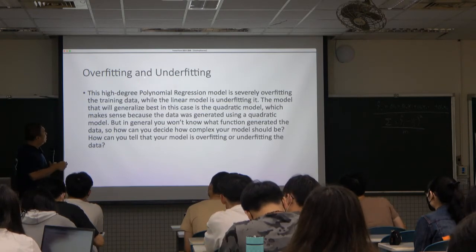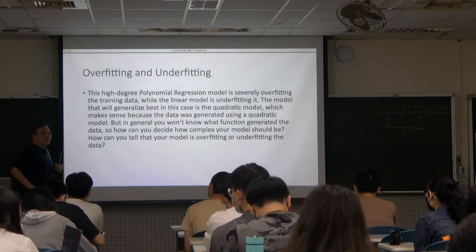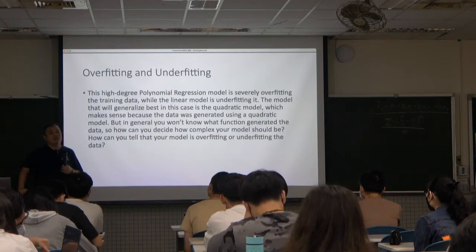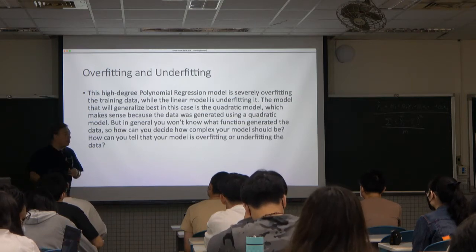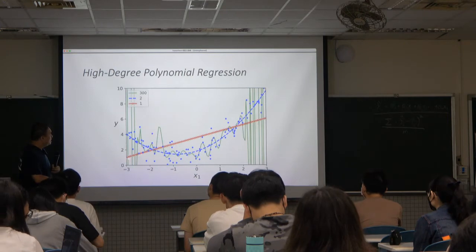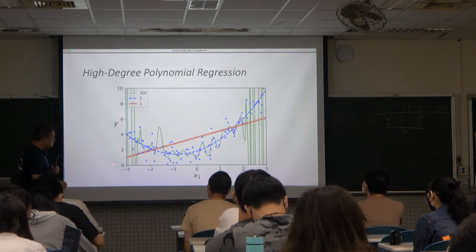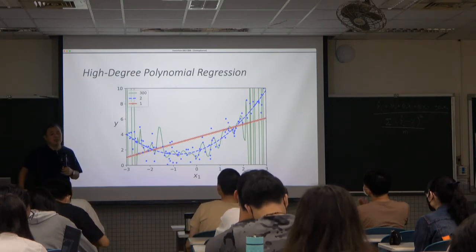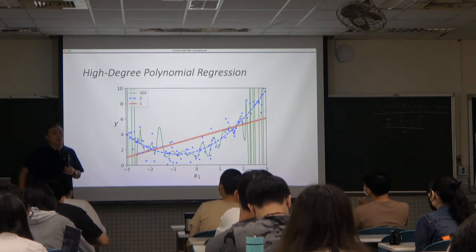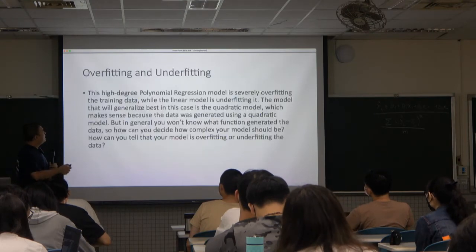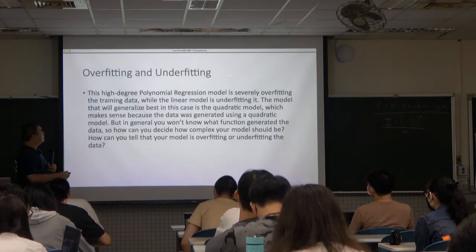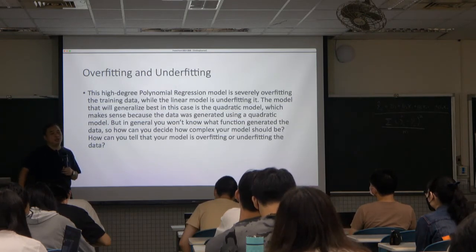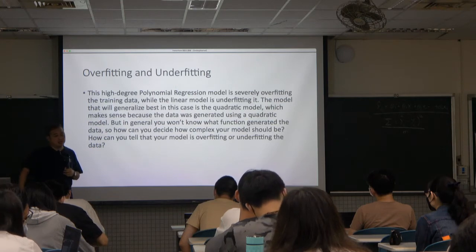And if the model is not complicated enough to capture the trend of the data, for example this linear equation model, which is too simple to capture the trend of this data set, this is exactly what we call underfitting. This concept is very important. This is the reason I discuss polynomial regression.